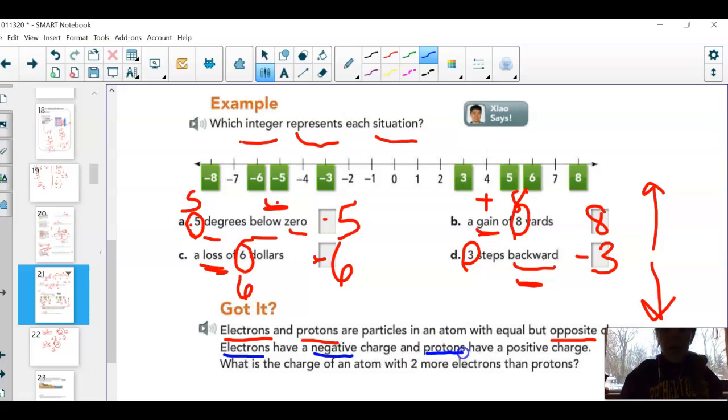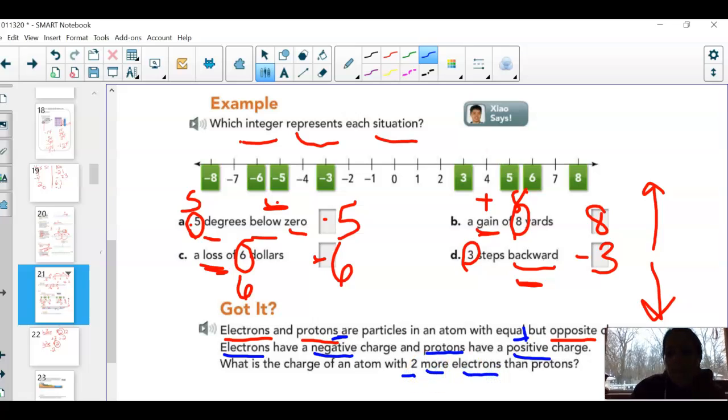And protons are positive. So for these next examples, we're using electrons are negative and protons are positive. So I want to know, what is the charge of an atom with 2 more electrons?